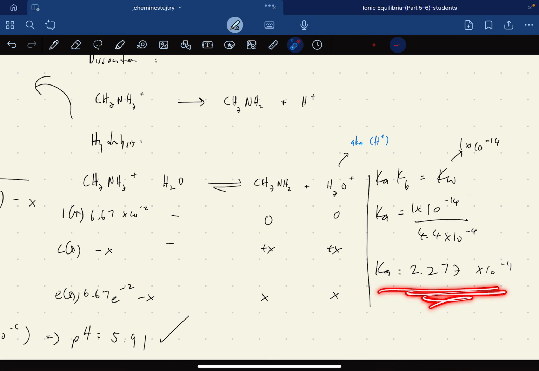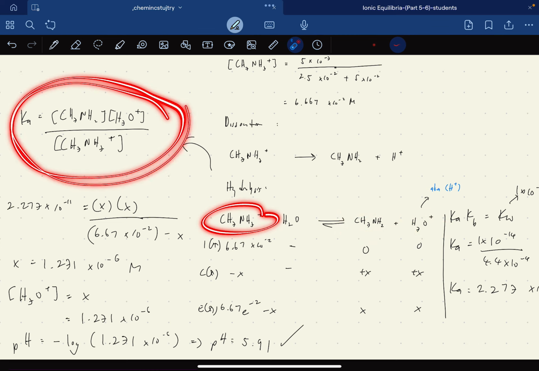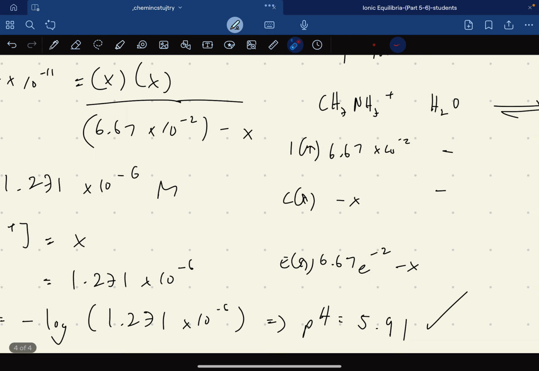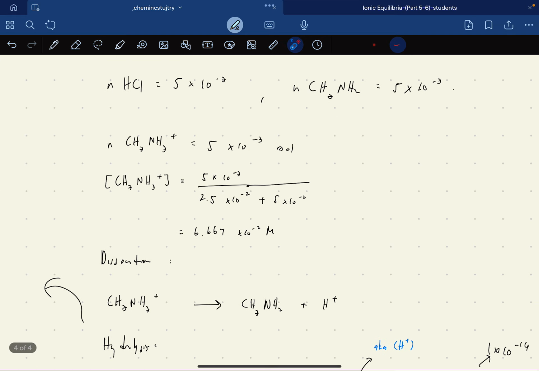We know Ka has to be this times this over this, so this is the expression of Ka. Substitute the equilibrium values with x, and then find the value of x. You can assume x is small, but I don't want to, because Class Wiz can do it easily for us. So x equals this. Now you find x, we put it in the pH negative log formula, we get the answer. Very long, but we get there eventually. Alright, that's all. Bye bye.